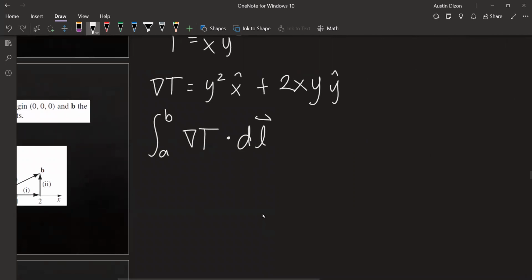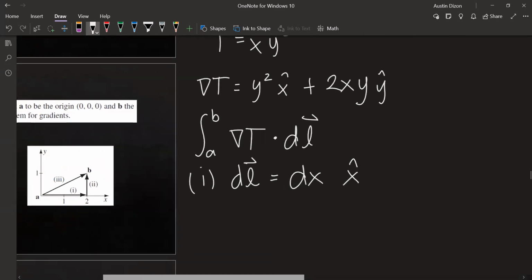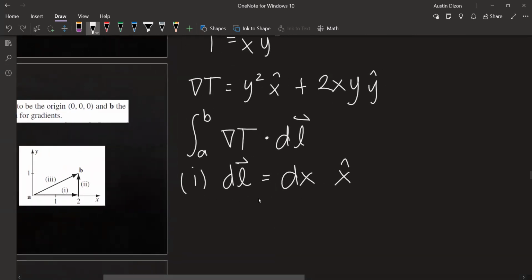So, paano yun? Yung DL mo, magta-transform ka ngayon sa something na DX, X hat. Okay? Kasi dumadaan ka sa X. So, DX, yung direction mo, X hat. Alright? Then, you plug in sa mga bagay.